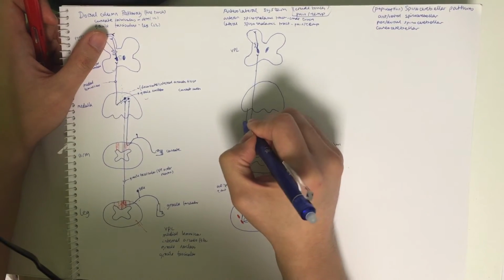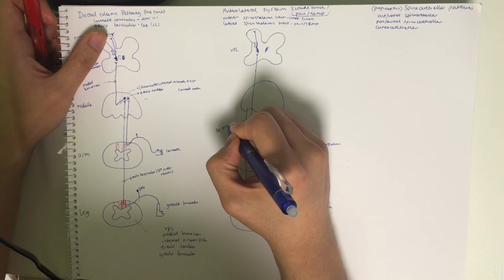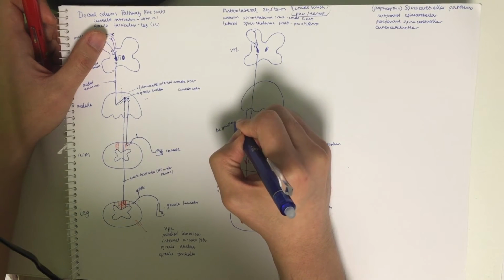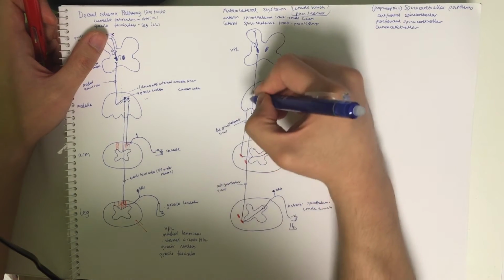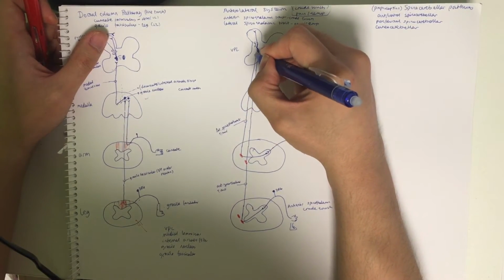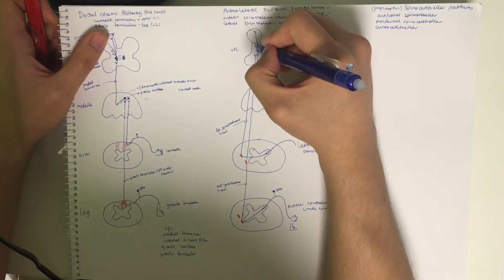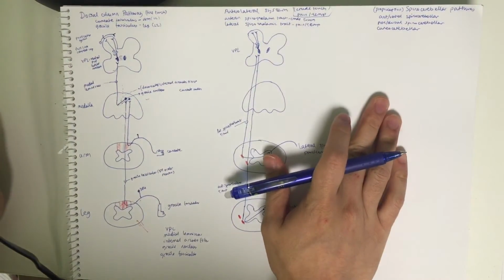So this obviously is going to be called the lateral spinothalamic tract. It's going to go upwards, and same thing, synapse at the thalamus and make the third order neuron to the postcentral gyrus.